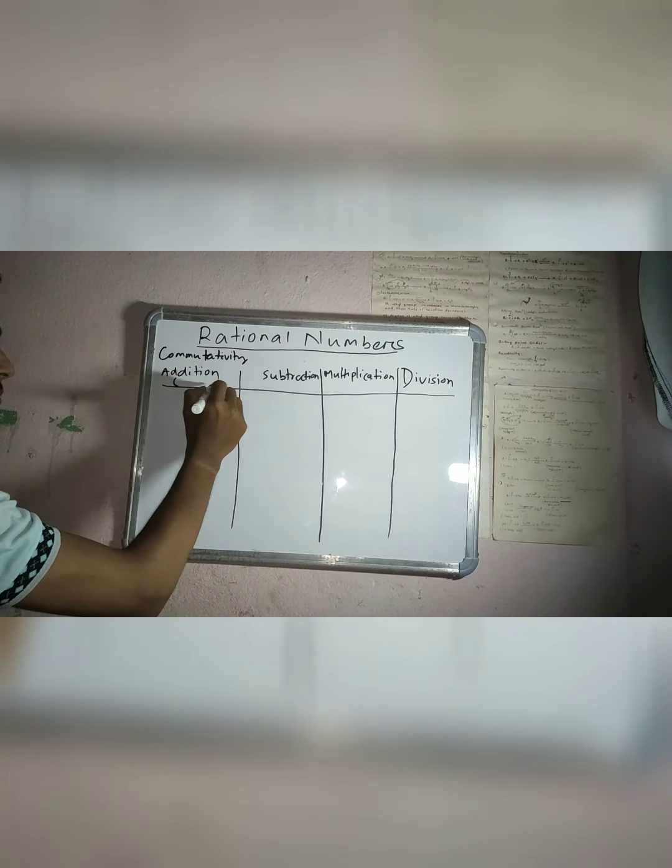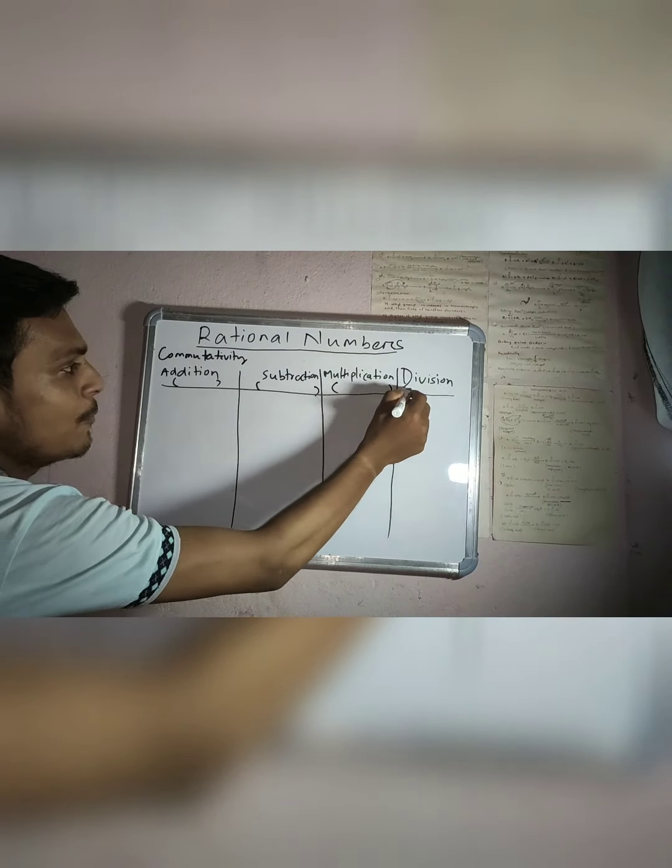For addition, I put the tick mark or cross mark. If commutativity is obeyed by addition, then I put the tick mark.